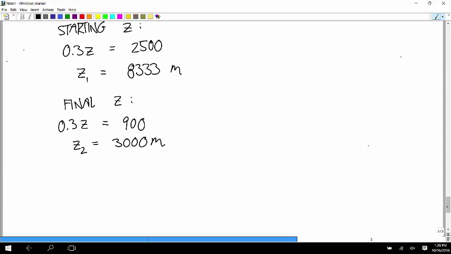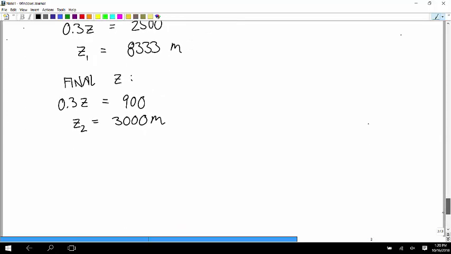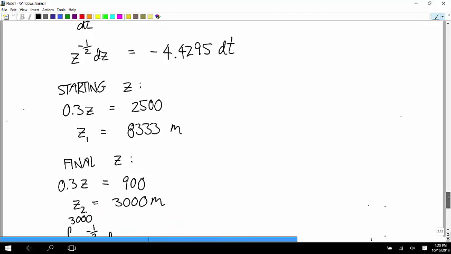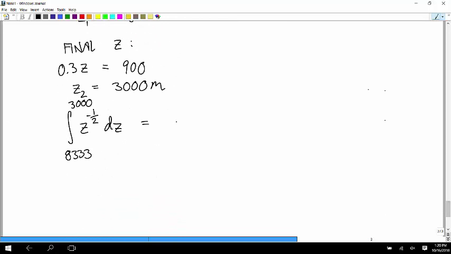And so now we can do this integration. So integrate z to the negative 1/2 dz from 8333 to 3000, and that's equal to negative 4.4295 t.